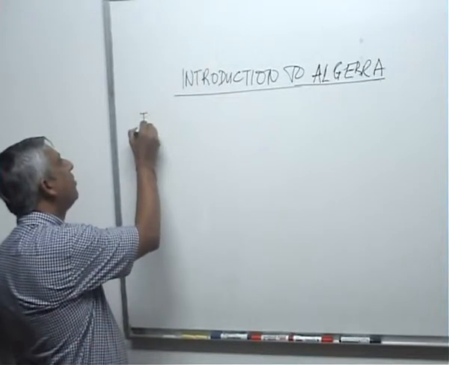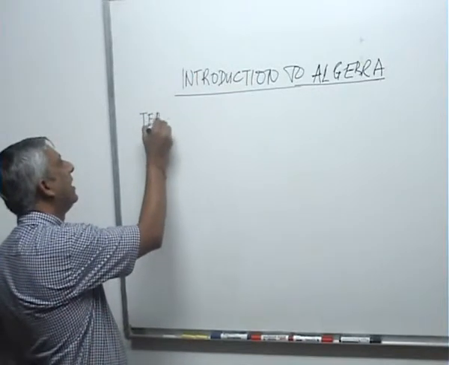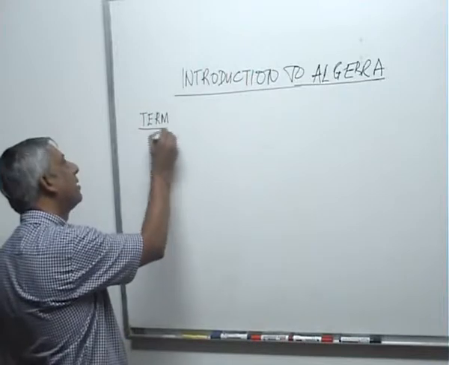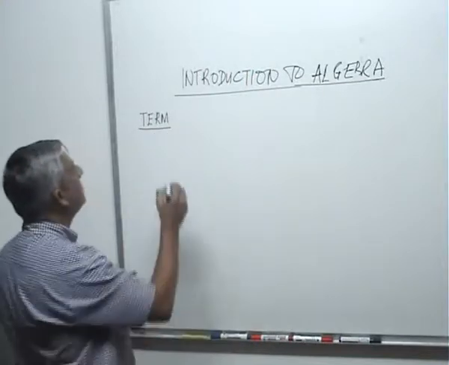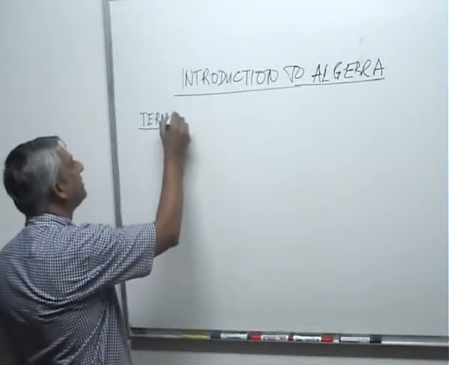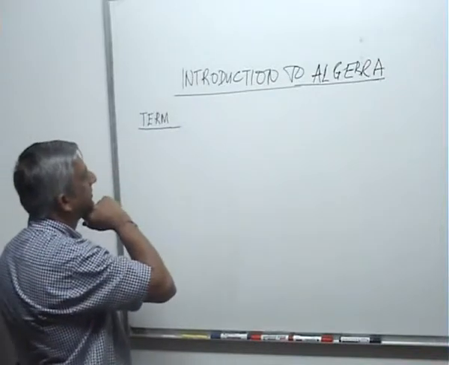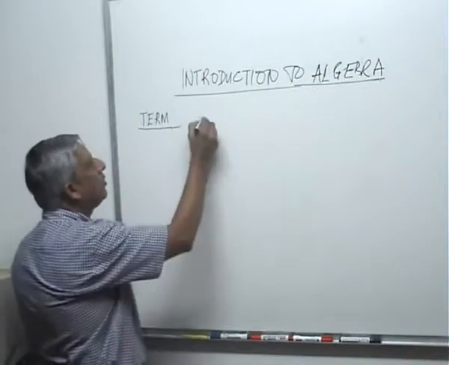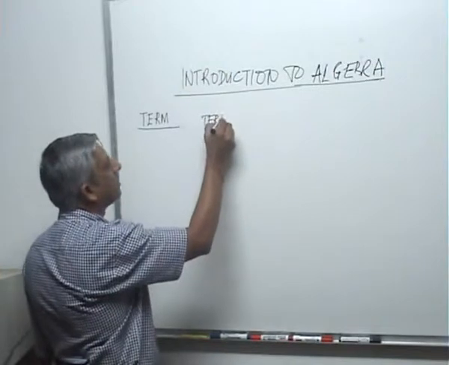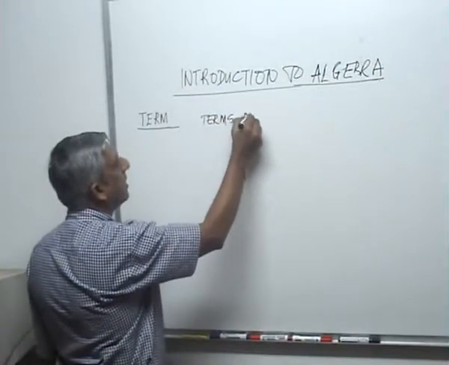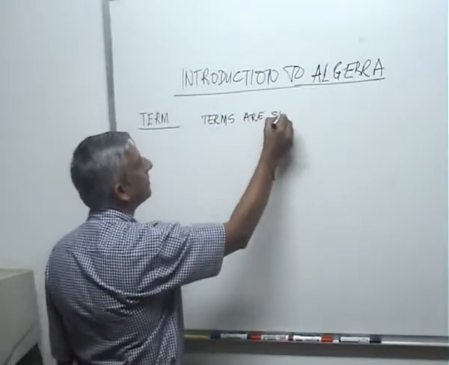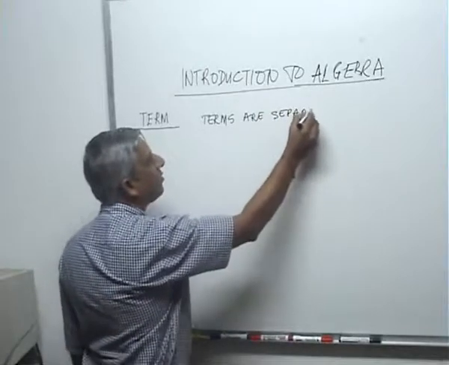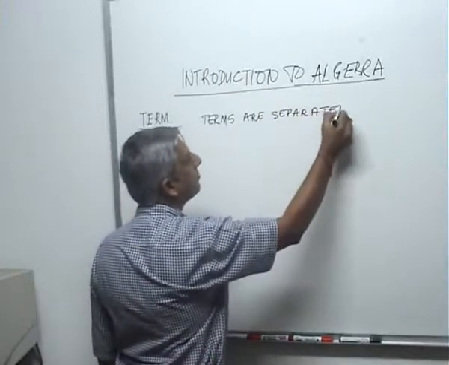So now the first most important word that you're going to learn in algebra is term, T-E-R-M. Term, or terms for plural. Now, you got to remember that terms in algebra are separated by plus and minus signs.